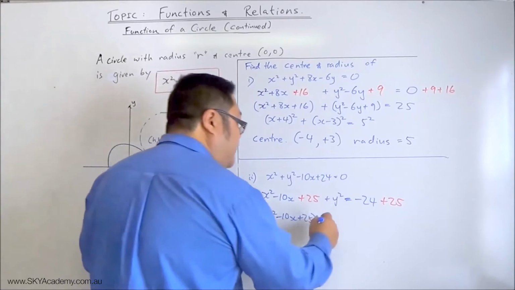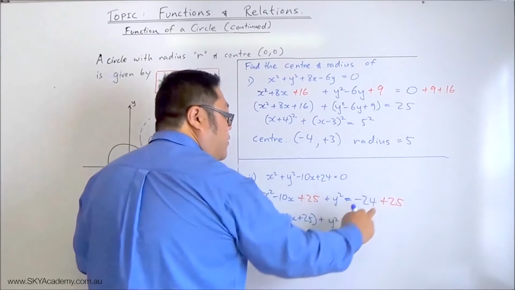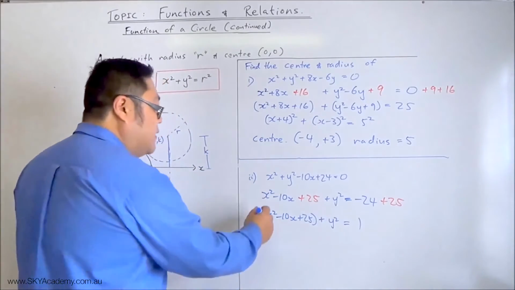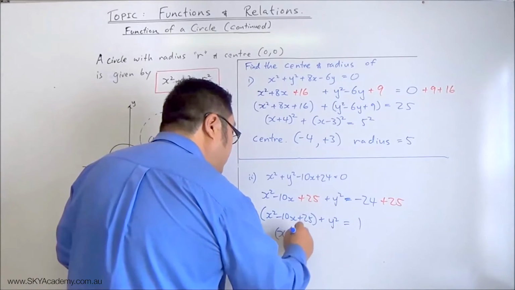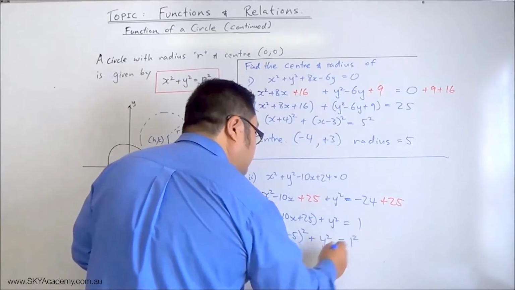Which becomes one perfect square plus another perfect square. Negative 24 plus 25 is 1, right, which is just 1 squared. Work this out. x minus 5 all squared plus y squared equals 1 squared.